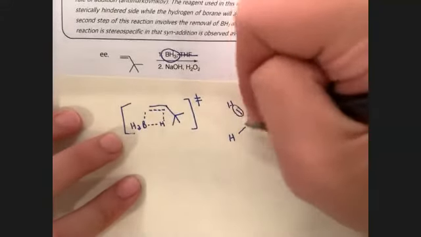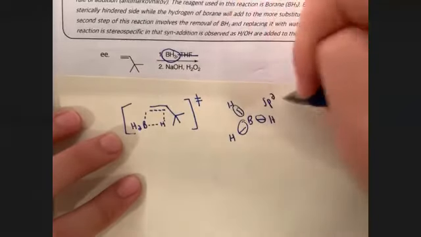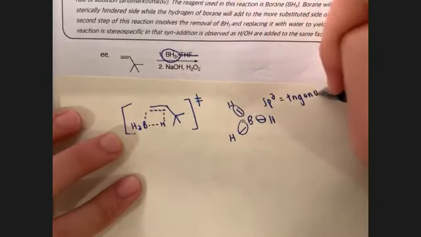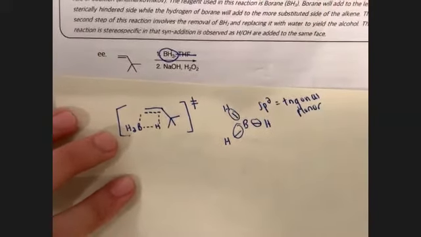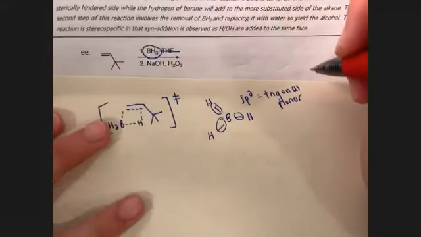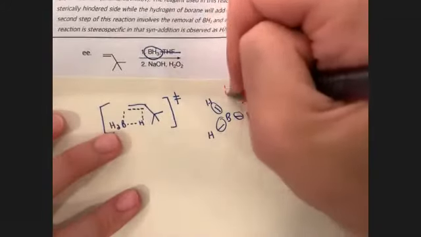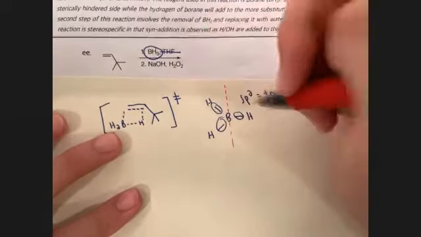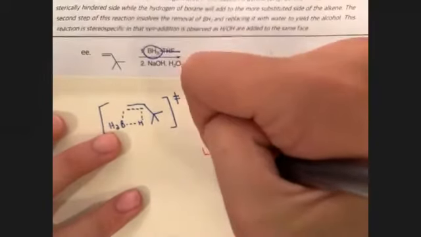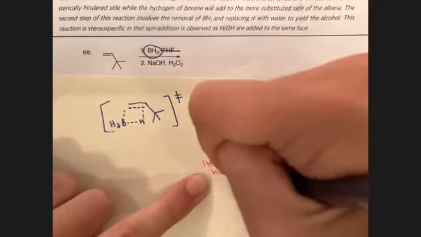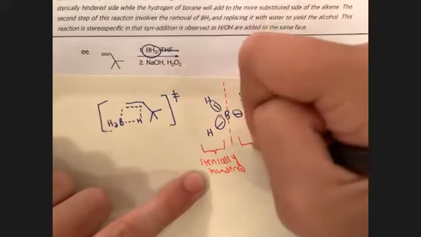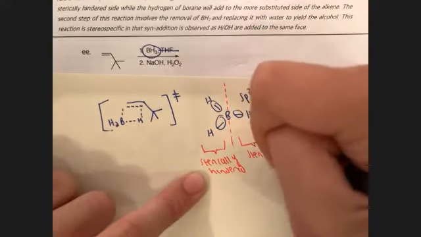Remember, we have 3 areas of electron density, that's sp2, that's trigonal planar. However, what you can see here is that we have one region of the molecule that looks more sterically hindered than the other. If you were to draw a line through this boron, you can see that this side is more sterically hindered. And we can say this one, maybe by proxy, is sterically unhindered.